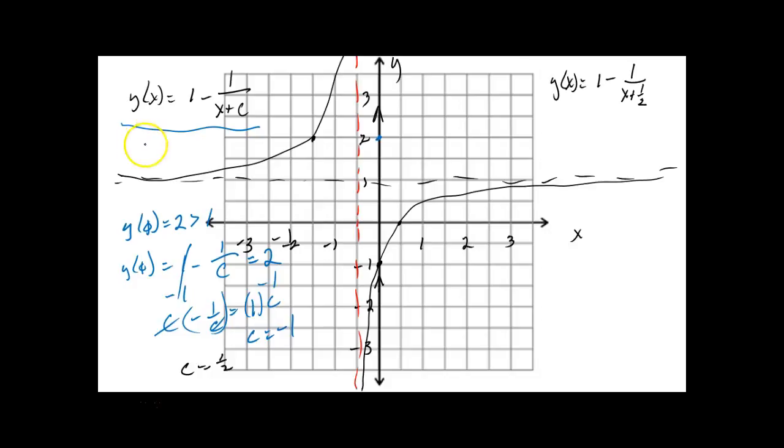Okay? So now out of that family of curves, the one we use is this one. Y of x is equal to 1 minus 1 over x minus 1.